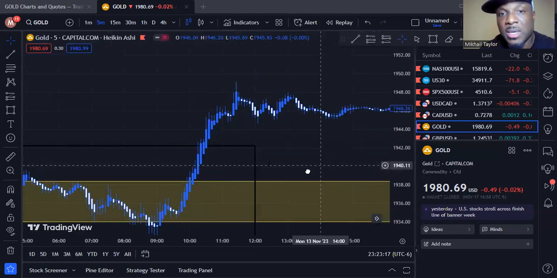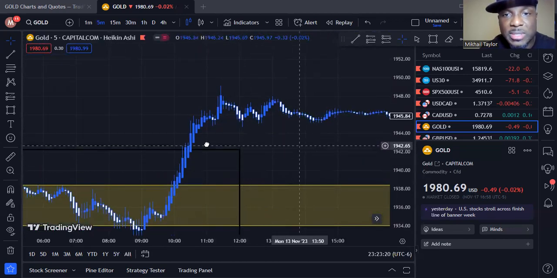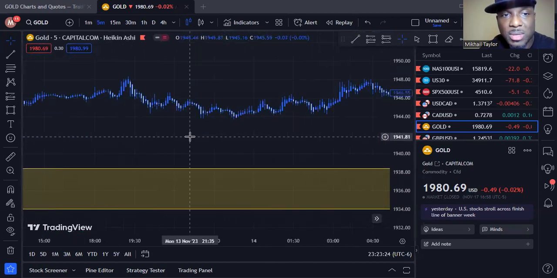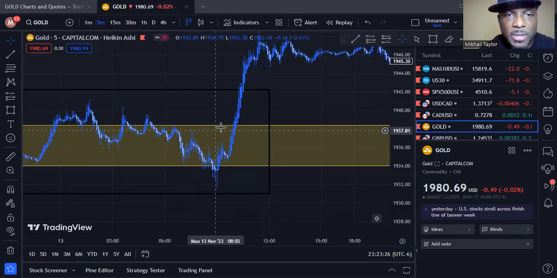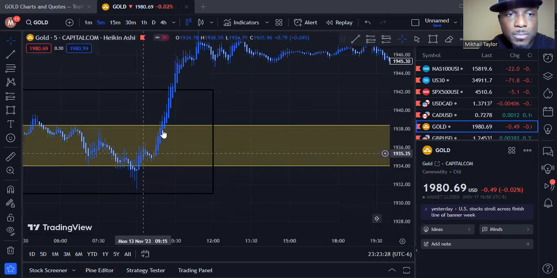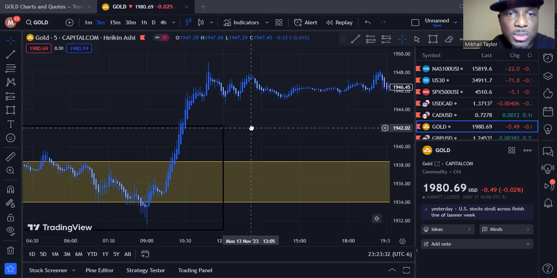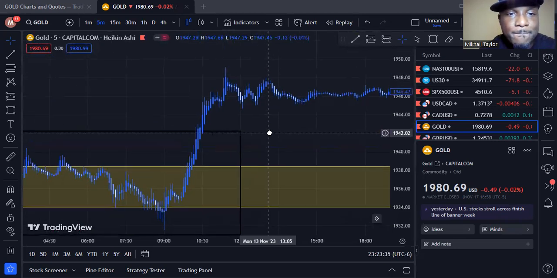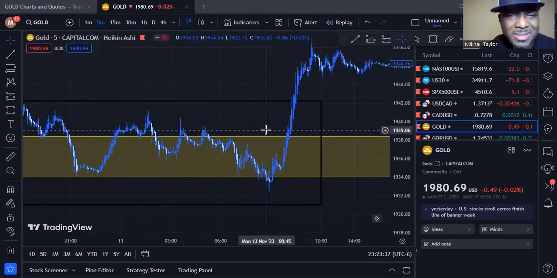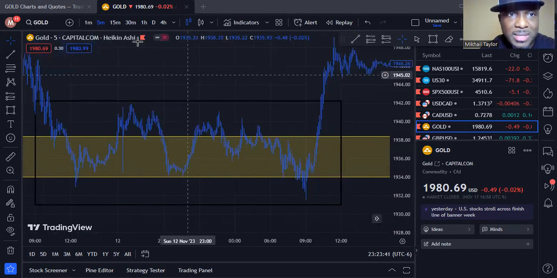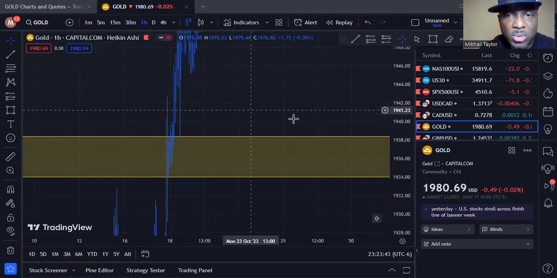But if I wasn't looking at the resistance for this, I probably would have used the VWAP to kind of help me understand if I would get into a trade or not. But this is what I'm talking about, like to kind of just avoid all the back and forth and the false breakouts. Like this is what it's doing on the 1 hour.